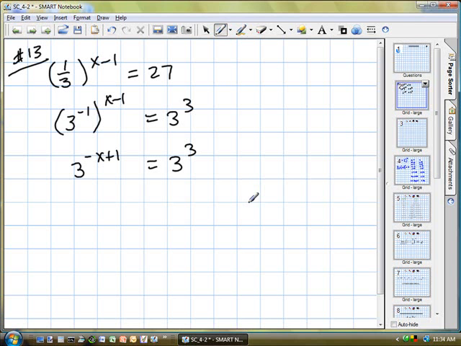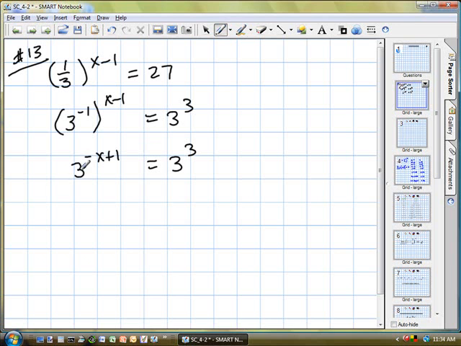Then I use the old exponential law. If you take a power of a power, keep the base, and multiply the exponents. So then I multiplied negative 1 times x minus 1. Okay? And now, if two expressions are equal and the bases are equal, then the exponents have to be. So now, therefore, negative x plus 1 equals 3, and then you can wrap it up.